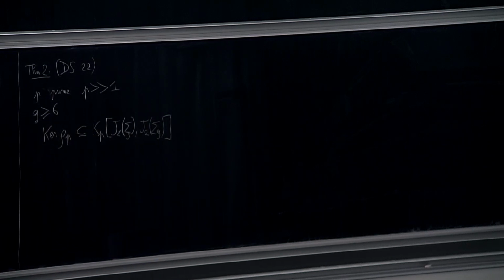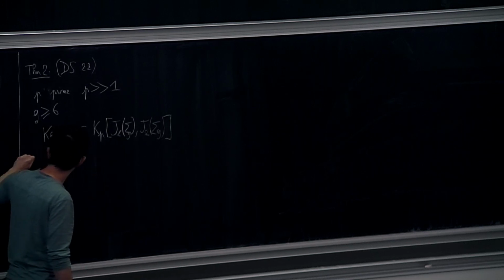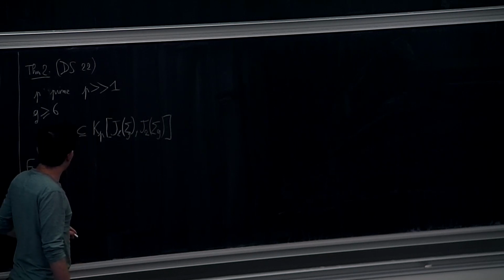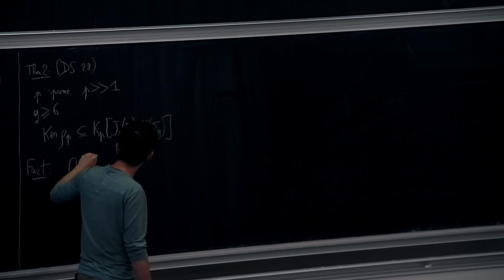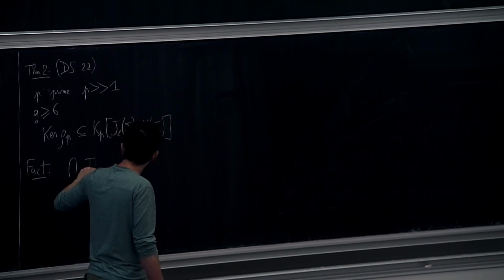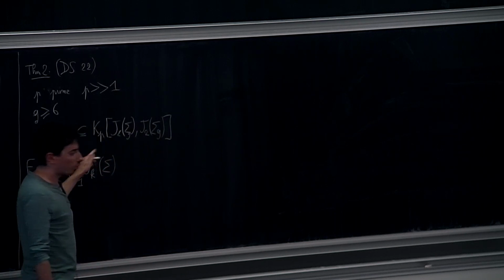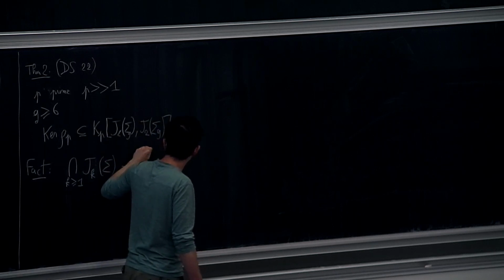Okay, and then, maybe another fact that is relevant here is that it's well known that when you take the intersection of those Johnson subgroups, which you can define for any k, you would get just the trivial subgroup.